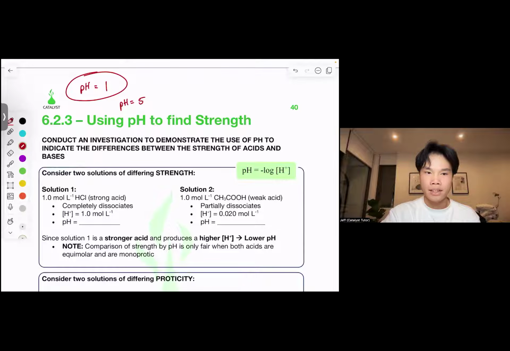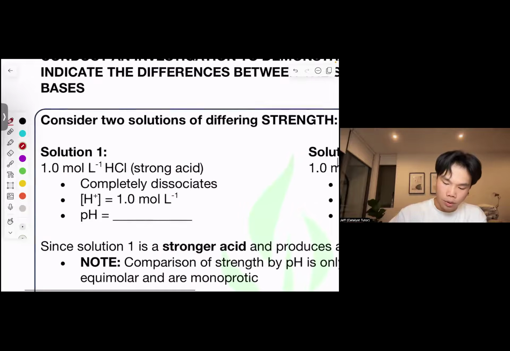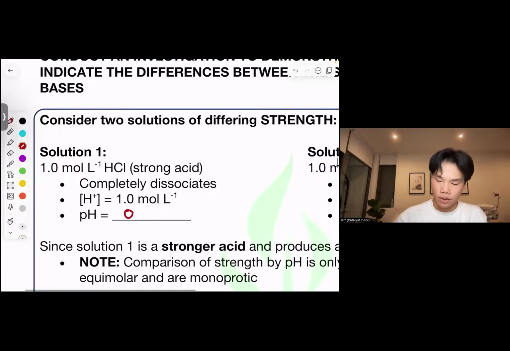We need to consider that, first of all, yes, as we know, strength would affect pH. So if an acid is really, really strong, it'll dissociate 100% and you'll have a higher concentration of H+. So if you have H+ being 1 mole per liter, this would deliver us a pH of actually 0. This is possible. You can have a pH of 0.